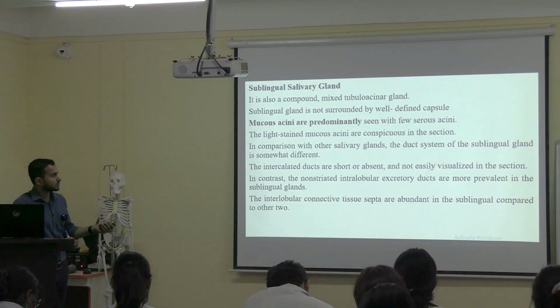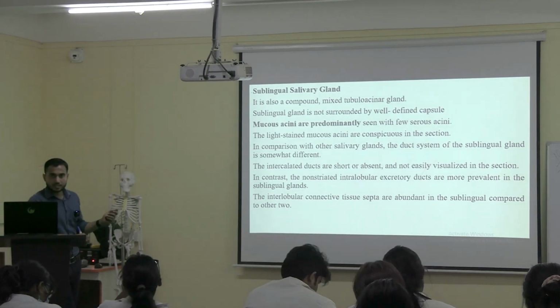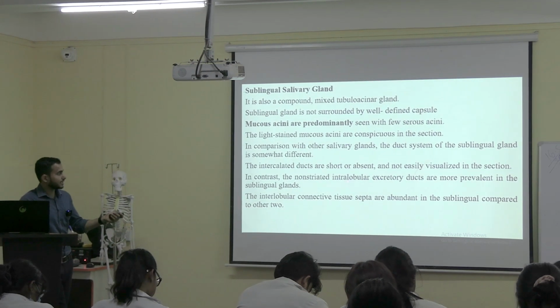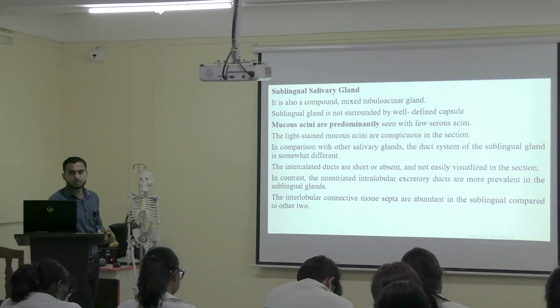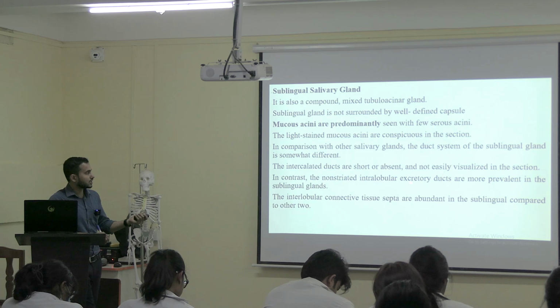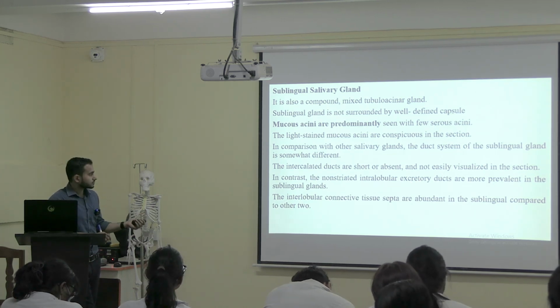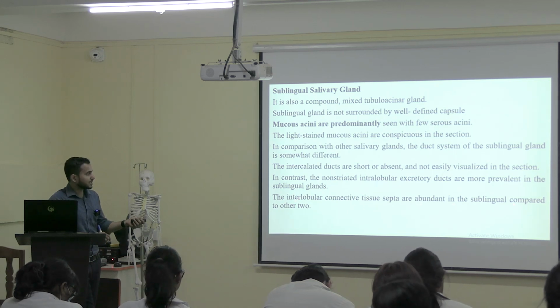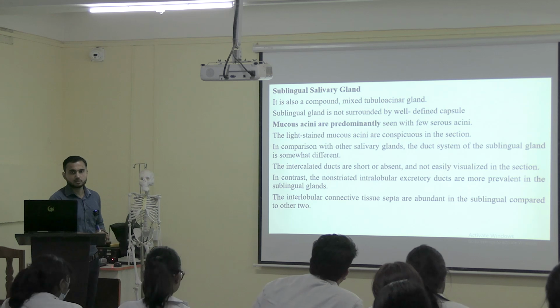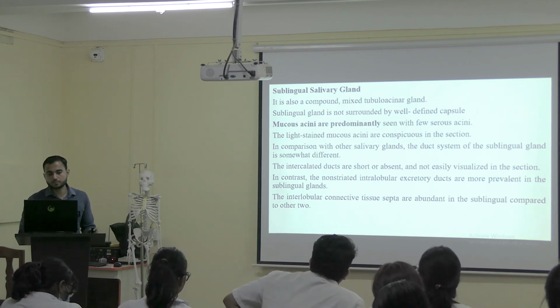Next, striated ducts are absent. Instead of that, non-striated intralobular excretory ducts are more prevalent. Now, interlobular connective tissue septa are abundant in the sublingual salivary gland. Okay, so these are some important identifying features for the sublingual salivary gland.